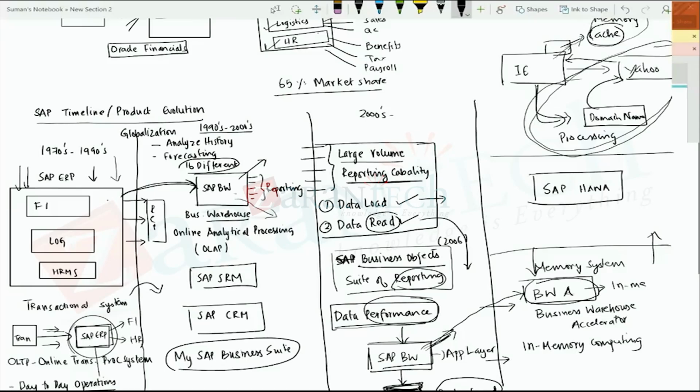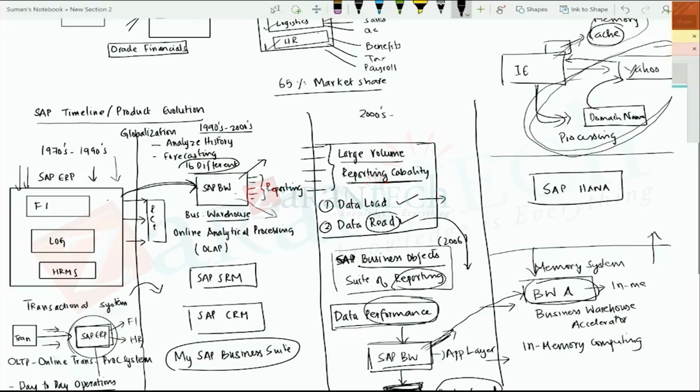Now we understand that everybody is looking at SAP HANA for a few primary reasons. We talked about one of the major reasons being data performance. Data performance has been a primary criterion for organizations to look at SAP HANA as a product. But let's understand it in a little more detail.